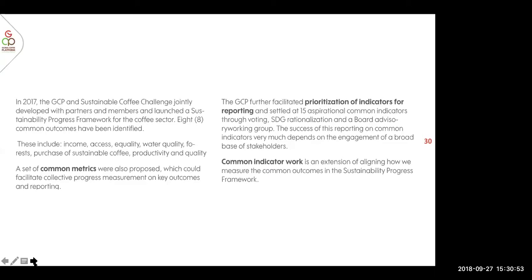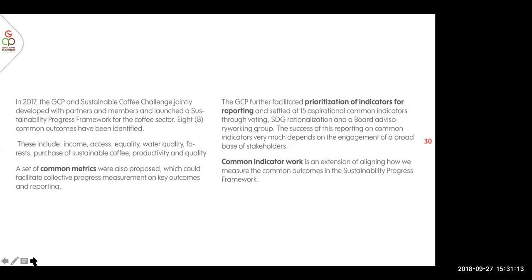The idea is to use this as a guide to the industry in terms of telling whether our industry is getting more sustainable or not. So further work was done with the help of GCP and partners in trying to prioritize what common indicators we could use for this reporting.